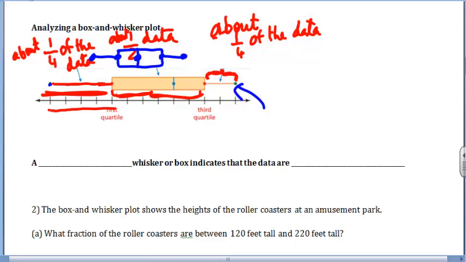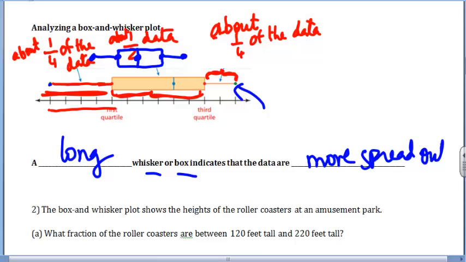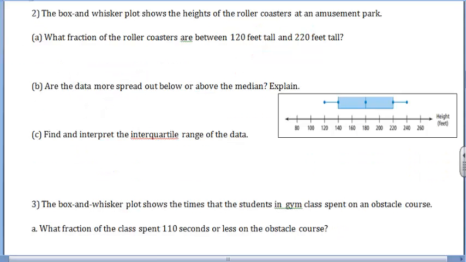Okay, a long whisker or box indicates that the data are more spread out. That's what it indicates. Okay, let's go ahead and analyze some data, box and whisker plot.